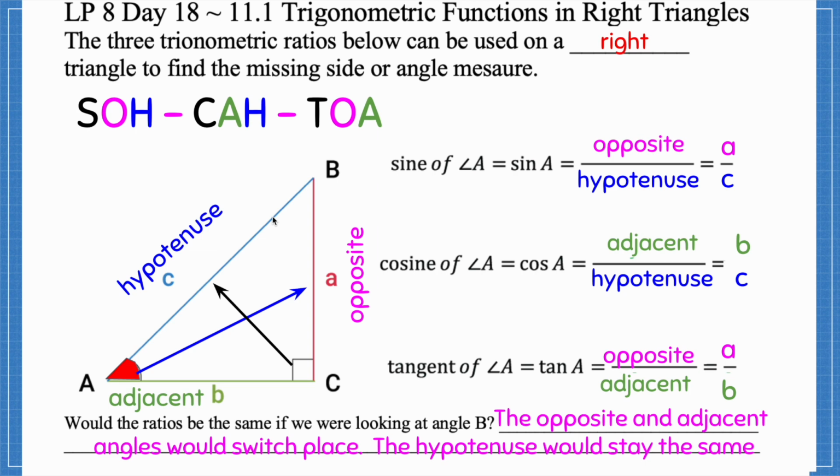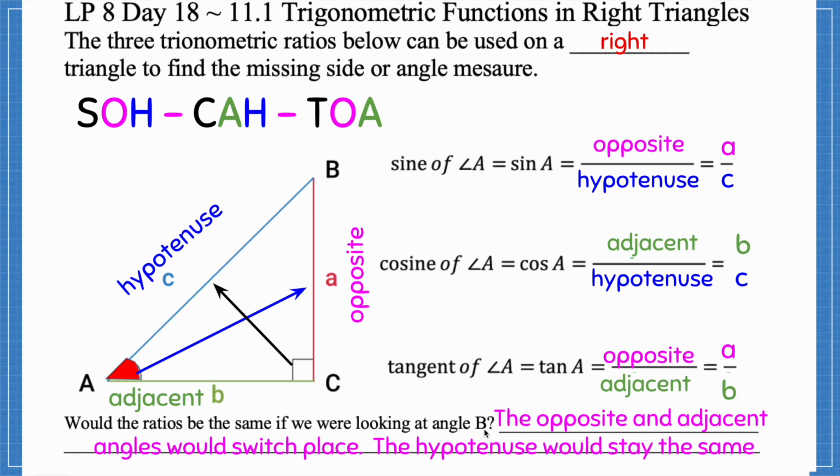You do need to remember what they stand for: sine, opposite hypotenuse; cosine, adjacent hypotenuse; tangent, opposite adjacent. If you can remember SOHCAHTOA, it's way easier to have this memorized without constantly having it written down. In high school I would actually write this down just to help me remember how to do the trigonometric functions.